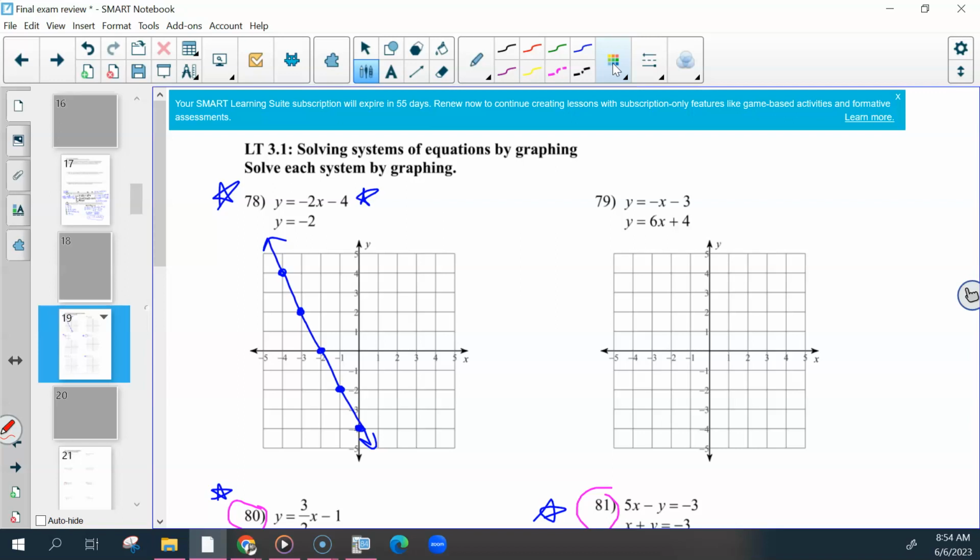And then y equals -2. Because it doesn't have any x's, you have to be careful with this one. This is a y equals, so it has to be a horizontal line. So on your y-axis, find where y is -2. Put a point there and draw a line across.